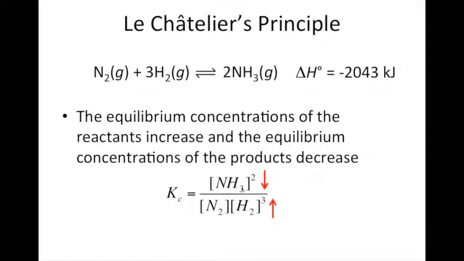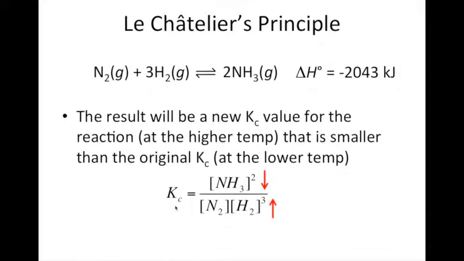If our numerator value is decreasing and my denominator value is increasing, Kc should get smaller, right? So the resulting new Kc value at our higher temp is going to be smaller than our original Kc at the lower temp. So we can see that for exothermic reactions, increasing the temperature results in a smaller Kc value.